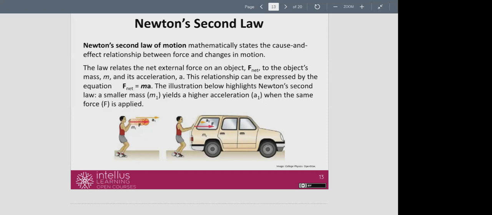Looking at the SUV, because the mass is much bigger, the force isn't going to produce as much acceleration, and so the acceleration vector a is much smaller. So that's what Newton's second law allows us to do. The first law creates the conditions that need to be satisfied in order to accelerate. The second law helps us to calculate, or quantify, the amount of acceleration.